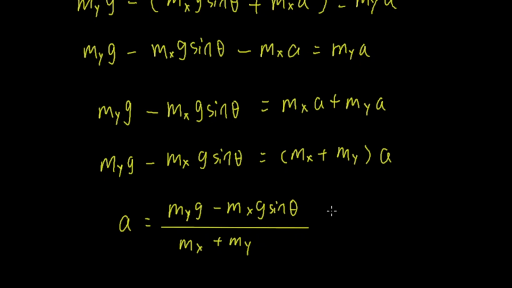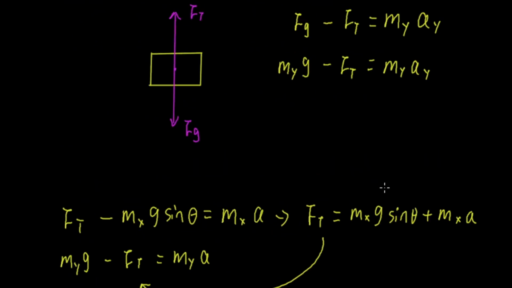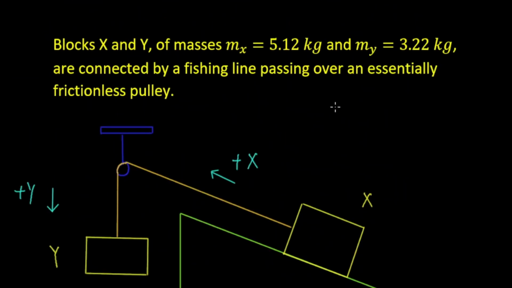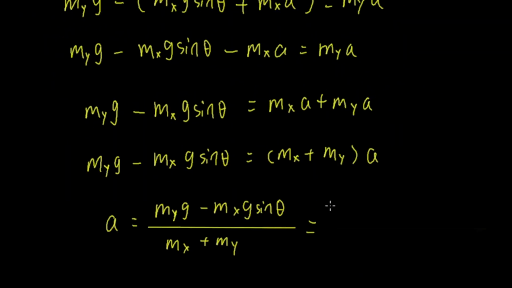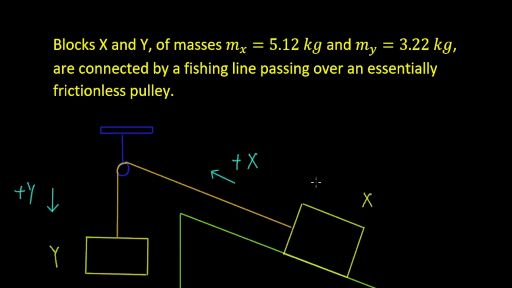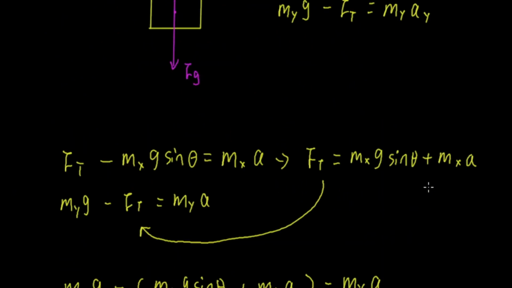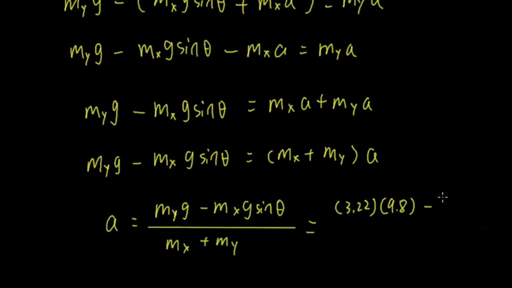Okay, now let's put in the numbers, right? Okay, so mass of y would be here 3.22 kg. 3.22 times the gravity, 9.8, minus mass of x, which is 5.12 kg. 5.12 times the gravity, 9.8, sine theta.